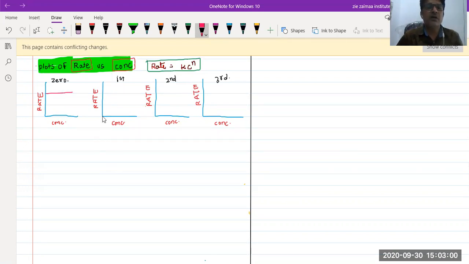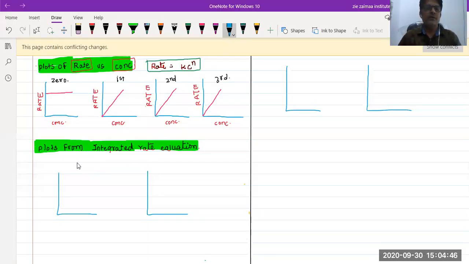For the first order, it is a straight line from the origin, and for the second order also, and for the third order also. That's it. These are the plots of rate versus concentration.